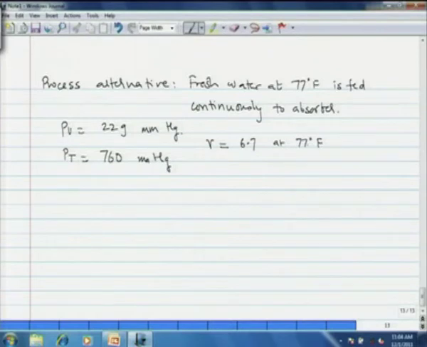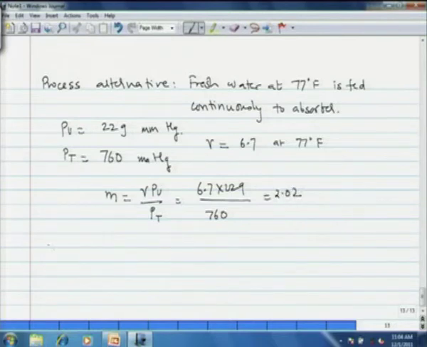Now, with these numbers we can immediately calculate the value of m. m will be gamma Pv by Pt, which is 6.7 into 229 divided by 760, which is equal to 2.02.